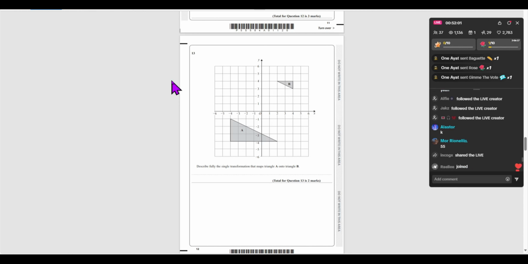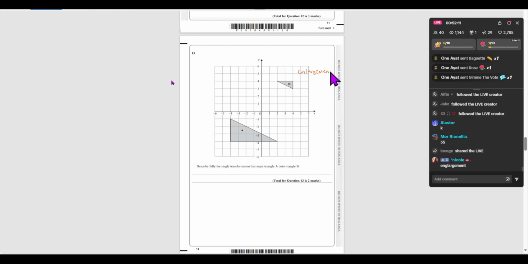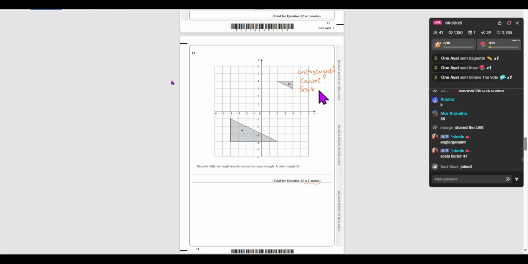You guys already probably know that it's going to be an enlargement. Now we need to figure out the center of enlargement, and we also need to figure out the scale factor. That is what is going to give you the full 2 marks.